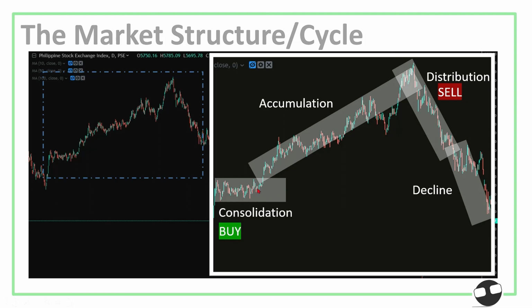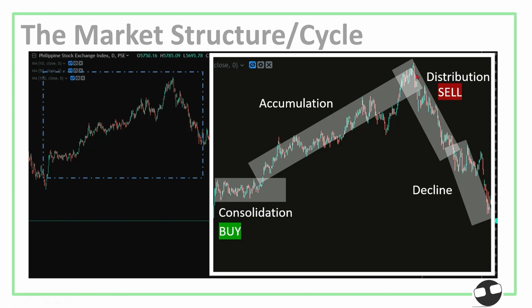So at this point here, you can see that we have a breakout. So from a consolidation phase, the price started to accumulate here. So you have an uptrend here. So this is now the accumulation phase.